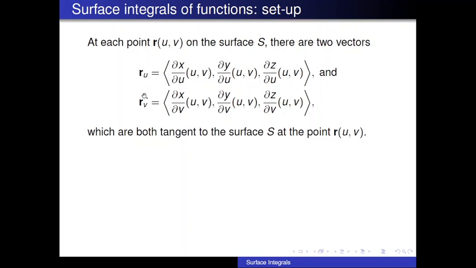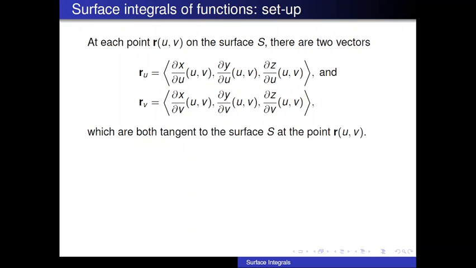And similarly, we have this other tangent vector, which is called r sub v, and its components are the derivatives of the functions x of uv, y of uv, and z of uv, but now those derivatives are taken just with respect to v. And so again, this guy tells us how you move tangentially along S just as you're moving directly in the v direction back in D.